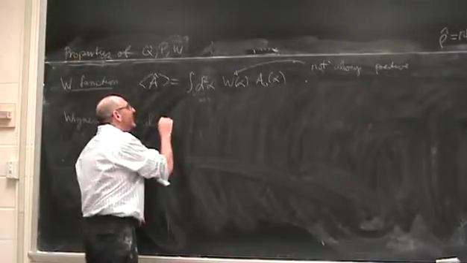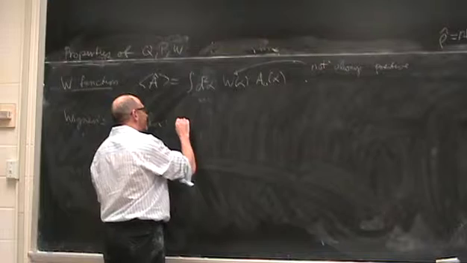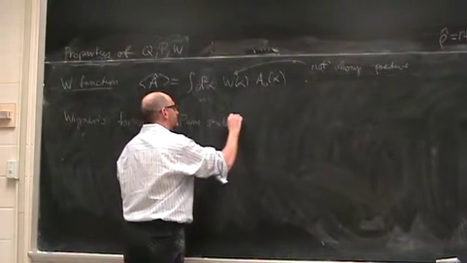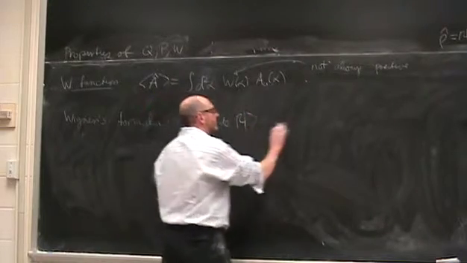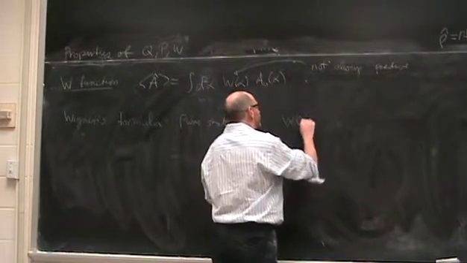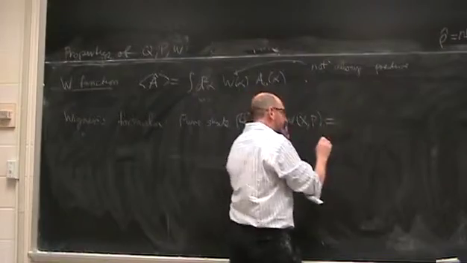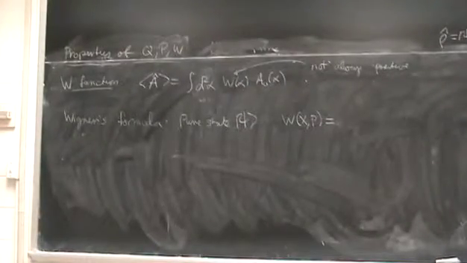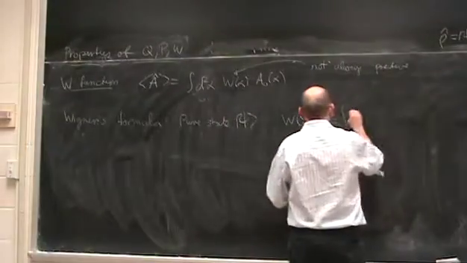It was done in a different way. So let's look at a pure state. The Wigner function that Wigner defined was this. Integral over a dummy variable.